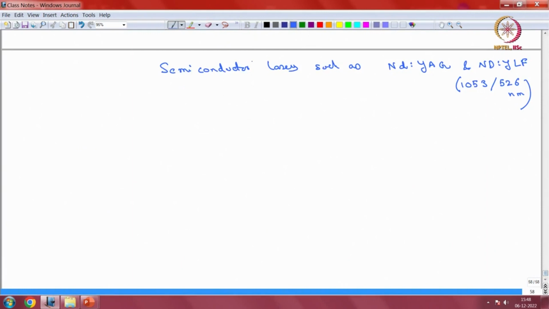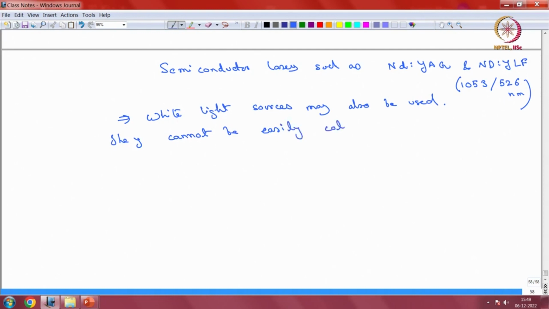It again depends on the situation. It is very situational. So I am going to mark this: white light sources may also be used, and they cannot be easily collimated, and usually have low energy density.